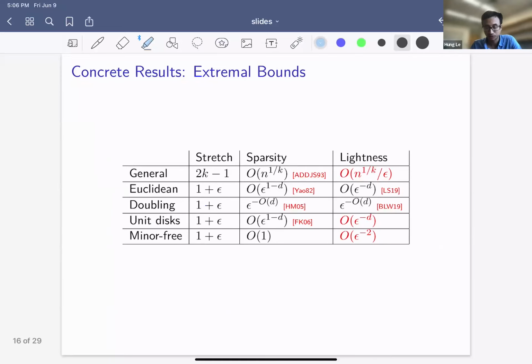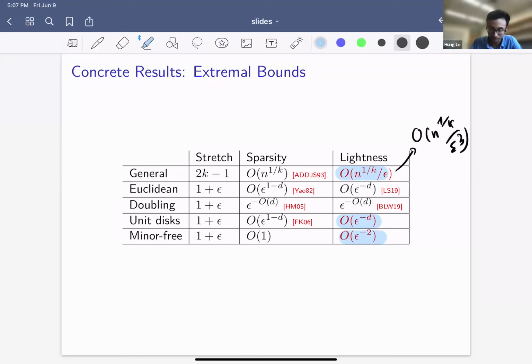And here's a concrete result. For example, in general graphs, we get the first spanner with lightness of order n to the 1 over k over epsilon. Recall that the previous best result is order n to the 1 over k over epsilon cubed. So we shave a quadratic factor in 1 over epsilon. But in this fast setting, we report the first light spanner.